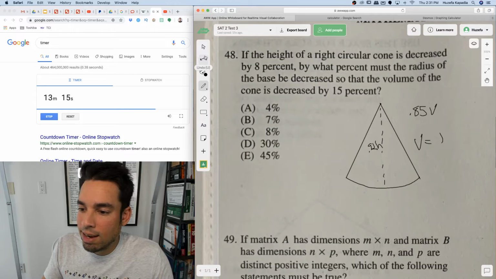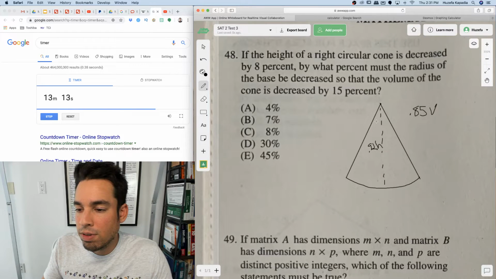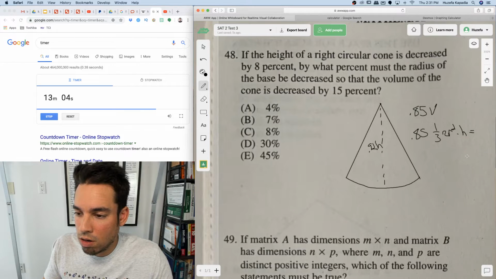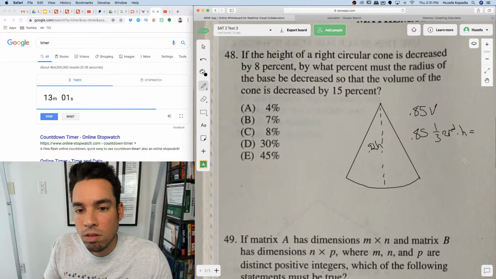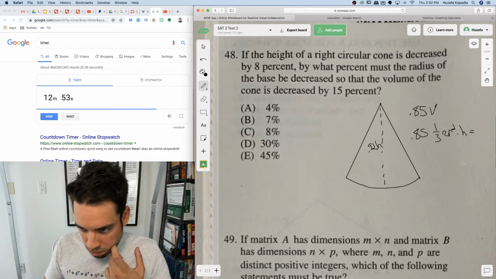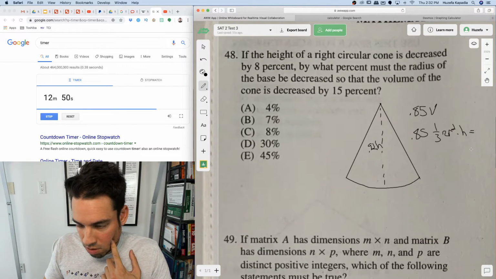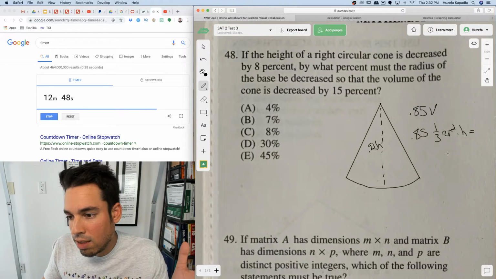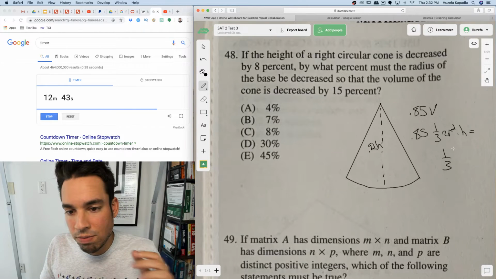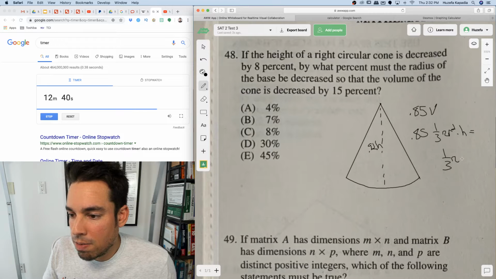So we're saying that the original volume is now going to be 0.85, so 0.85 times 1/3 pi r squared h equals... I'm a little confused here. I know what to do, sort of, but I could probably plug and chug and figure this out. But hold on, pi, and we need to know r squared.